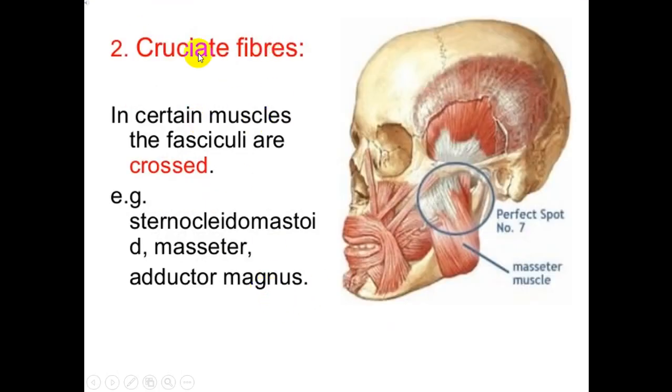Cruciate muscles are those muscles in which the fibers change direction such that the muscle fascicles make a cross appearance. Examples include sternocleidomastoid that we have studied with the upper limb, and masseter muscle here shown in the jaw. Adductor magnus is also included in this category.